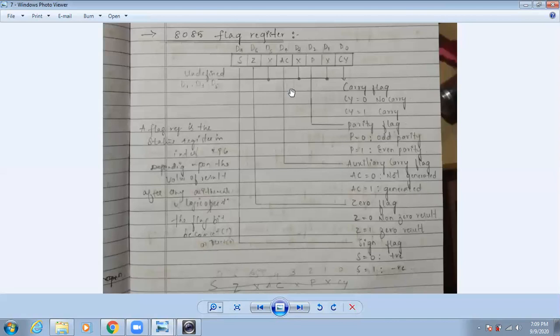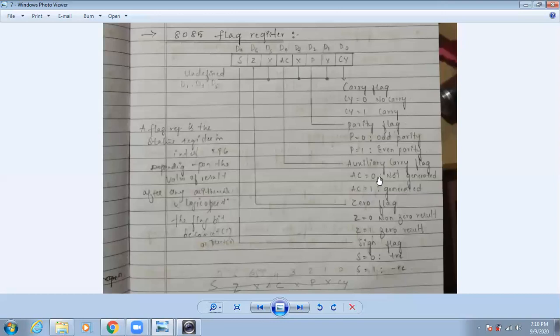Okay, next AC, auxiliary carry flag. So what is auxiliary carry flag? If you are getting any carry from D3 and passing it to D4, then the AC value will be equal to 1.